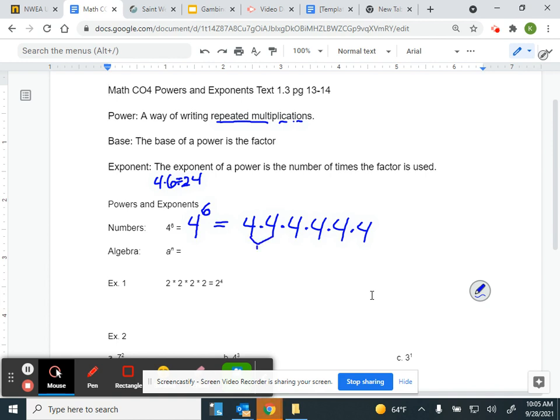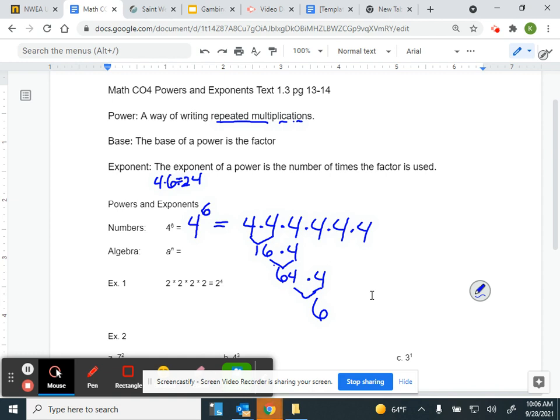Look at what our actual answer is. We have 4 times 4, that's 16, times another 4, which would be 64, times another 4, which would be... oh, sorry. I'm doing this too quick in my head.